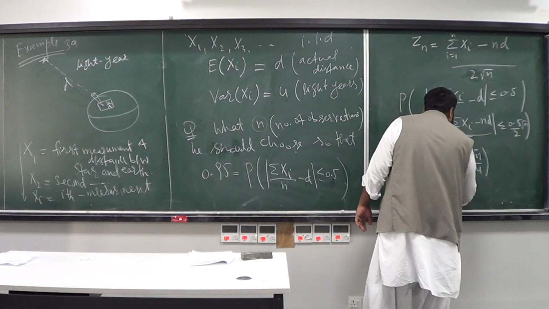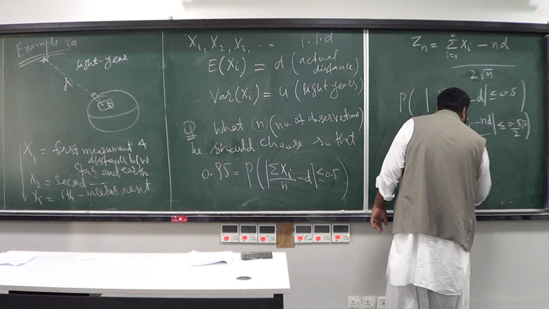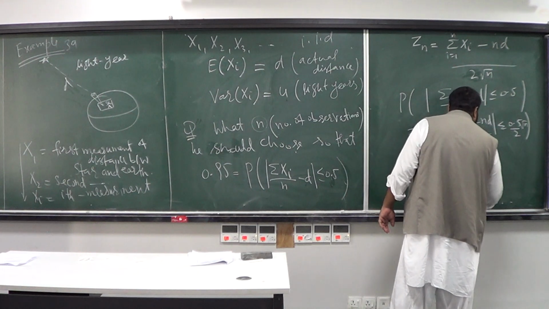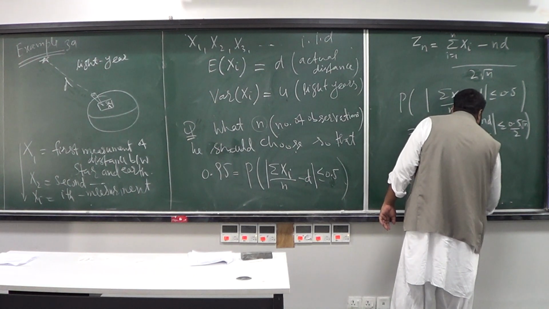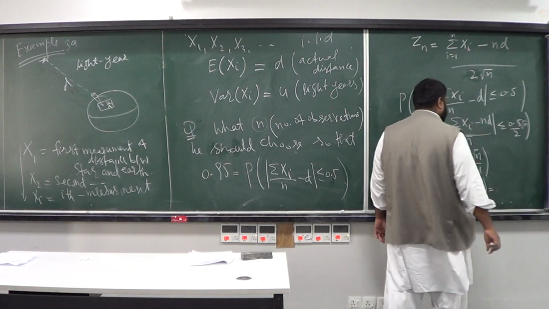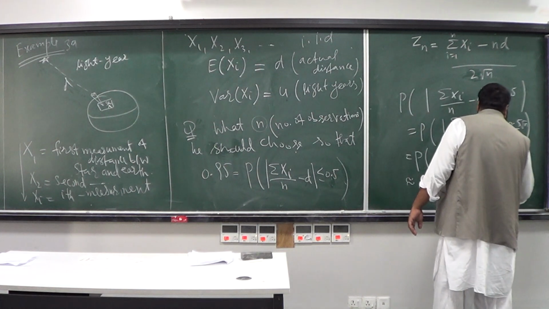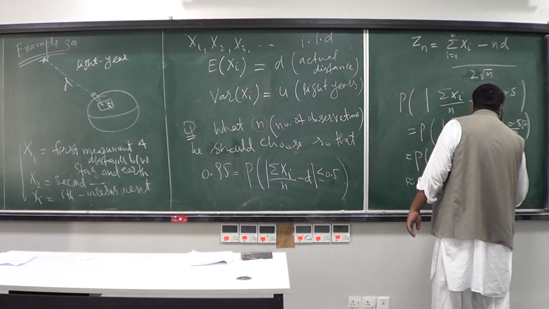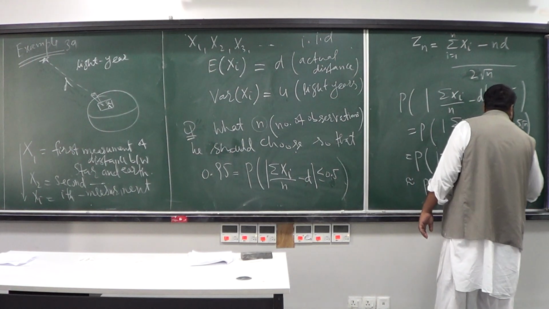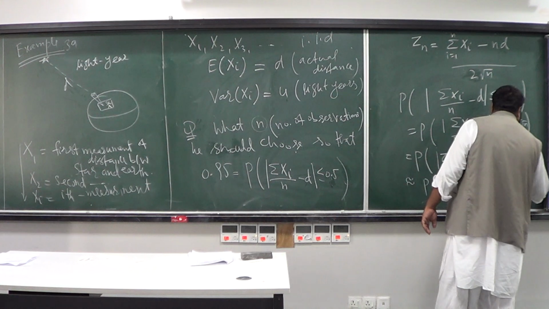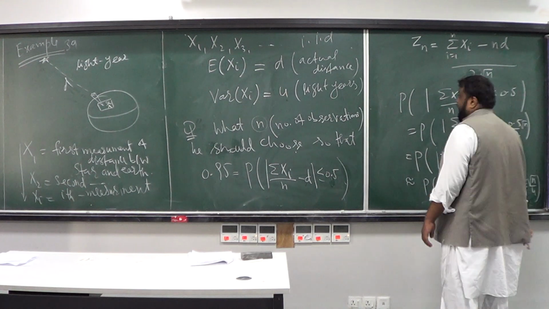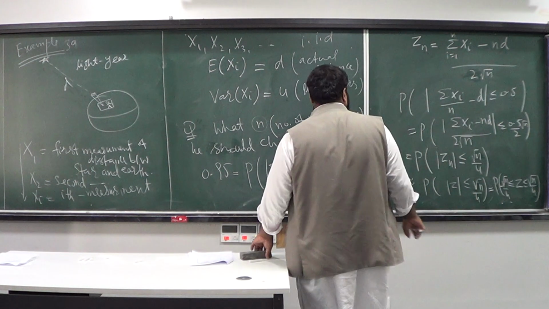In other words, by treating this as absolute value of Z less than or equal to square root of n by 4, which is the same as Z being between minus square root of n by 4 and square root of n by 4.